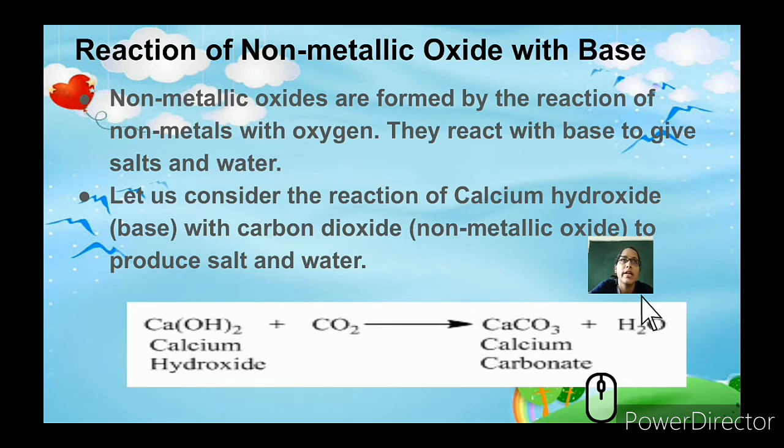A metallic oxide, when reacted with acid, gives rise to salt and water, and a non-metallic oxide, when it reacts with a base, also gives rise to salt and water.